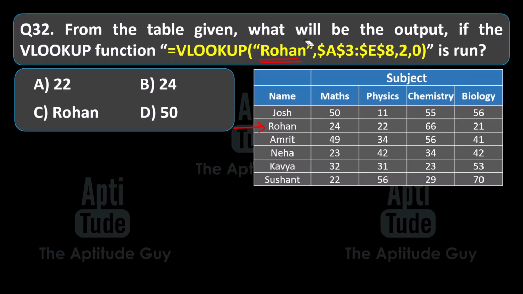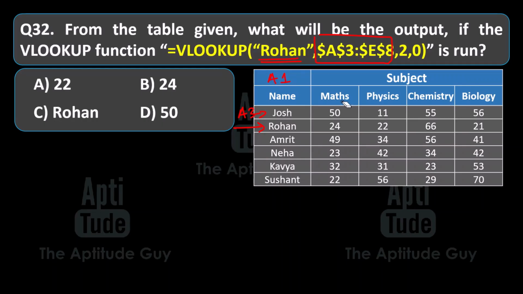Now, where are we looking for Rohan? We are looking for Rohan in this range, that is cell number A3 to cell number E8. What is A3? Suppose this is A1, okay? It always starts with A1. So this is A2, this is A3. A3 is right here. And what is E8?